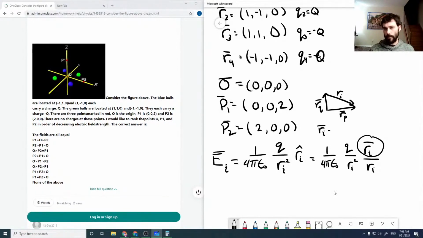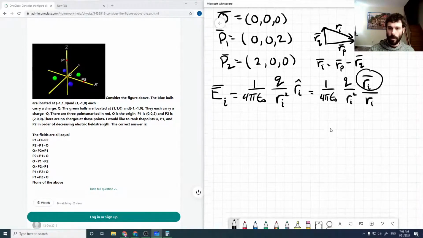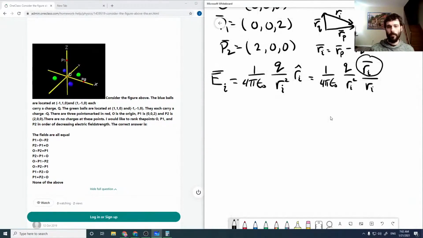Our I vector is our P minus our Q. So it's the point we're looking for minus the vector to the charge. So now we're going to do the O point first. So this would be the E field for each charge, and to get the E field for all 4 of our charges, we would just sum it up.